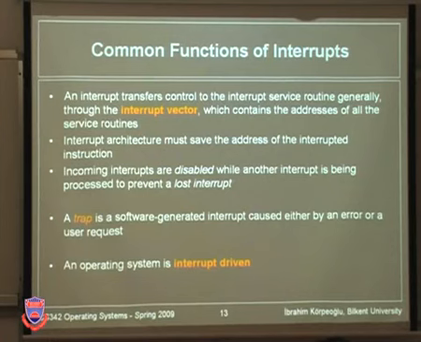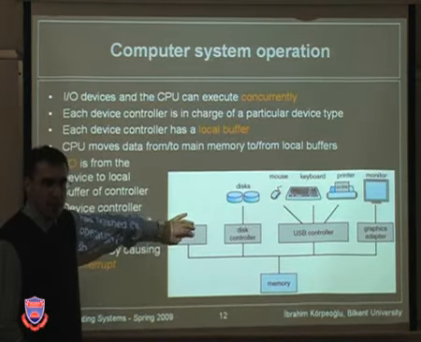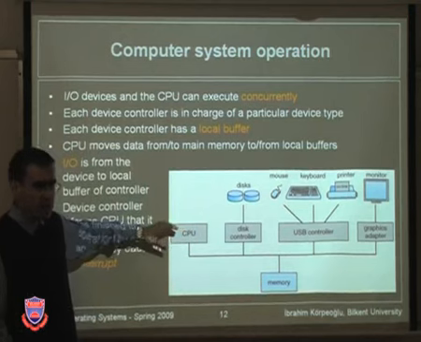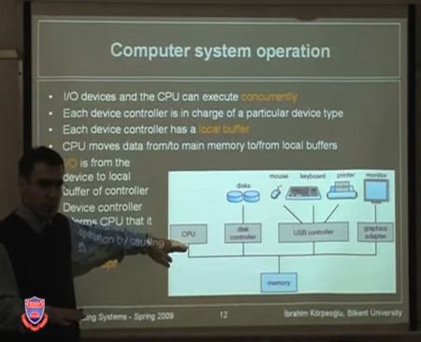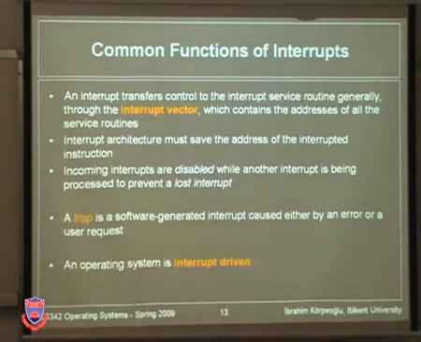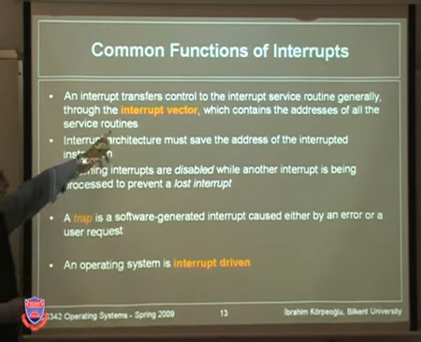So what happens when an interrupt happens? The interrupt transfers the control to the interrupt service routine. At the time the interrupt arrives, the CPU might be running an application program. That program is suspended, stopped for a while, and the address of the interrupt service routine in the kernel, which can serve the interrupt, is found from a table called the interrupt vector.